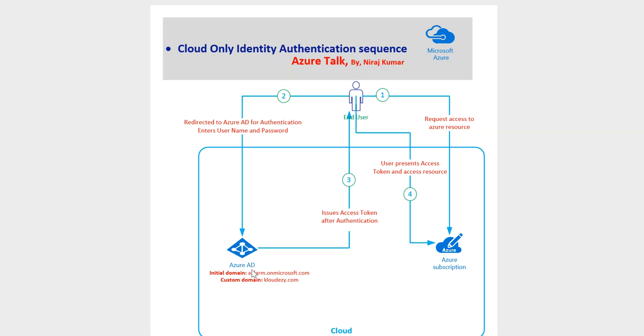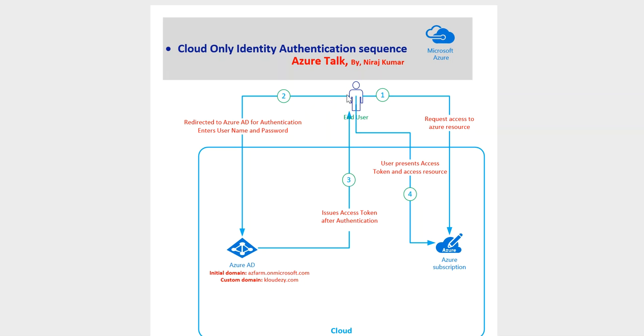So your authentication will happen with Azure AD itself. There won't be any on-prem connectivity. You're authenticated against Azure AD, and then Azure AD issues you an access token, or basically a SAML token, which says that you are properly authenticated. That is issued to the user.